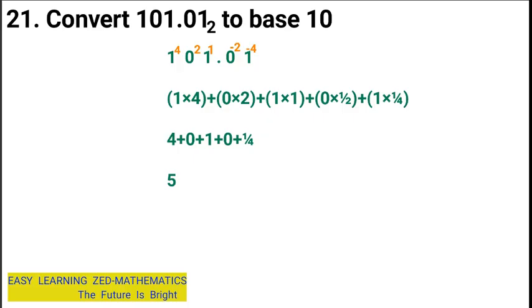Okay, like I said, I want to convert 1 over 4 to a decimal number. So I'm going to write 5, then I'm going to change 1 over 4 to a decimal number. So how am I going to change 1 over 4 to become a decimal number? I'm going to divide 1 by 4. So 4 into 1, 4 cannot go into 1.